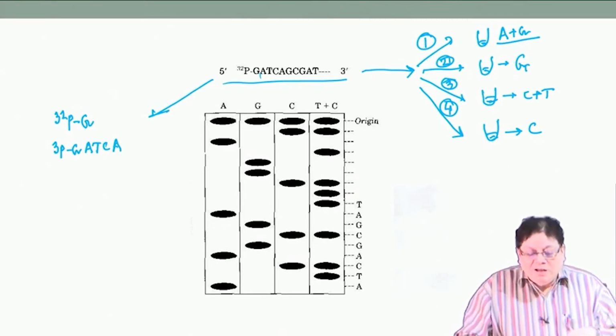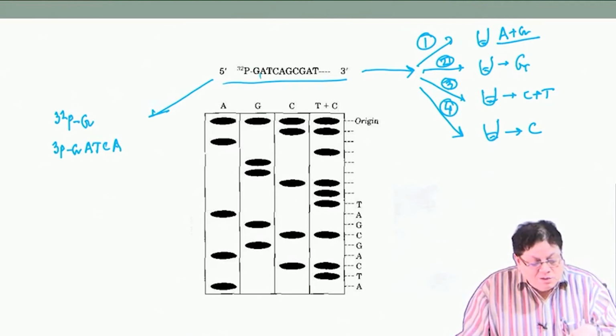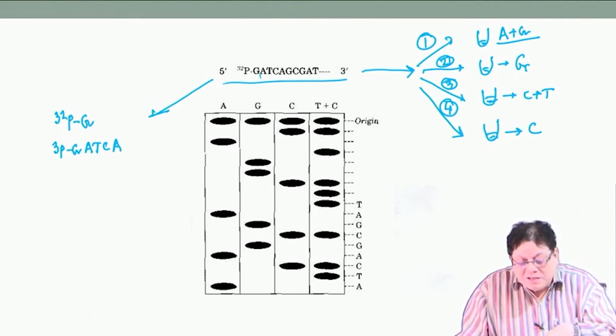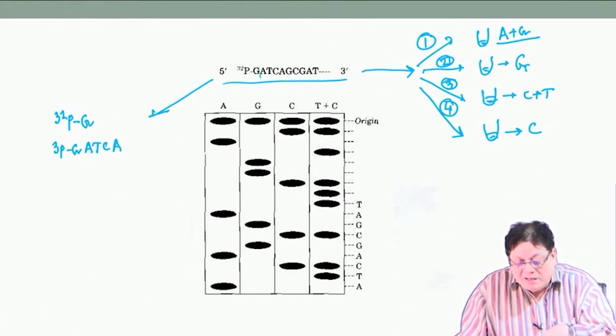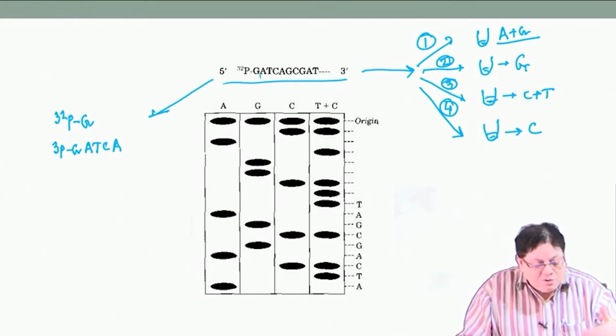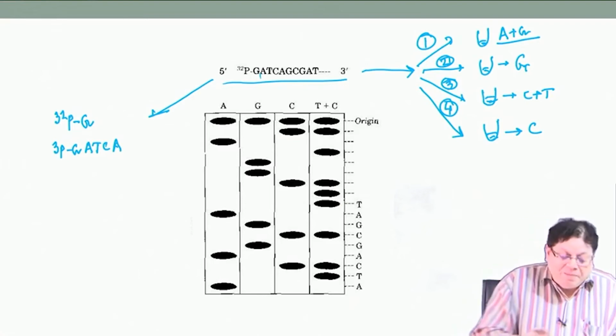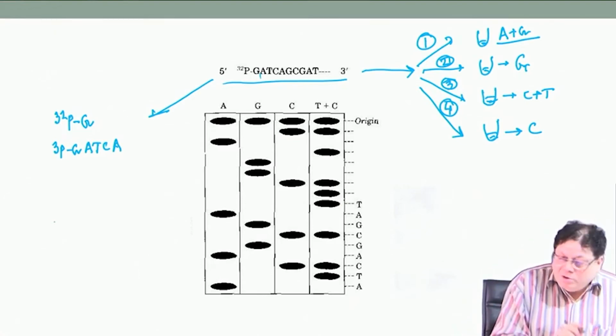That is why we are getting this piece: if this gets attacked by the reagent, this will be broken, and there is another G in a separate molecule, and that G will be cleaved. That is why we are getting two different oligonucleotides. Okay.